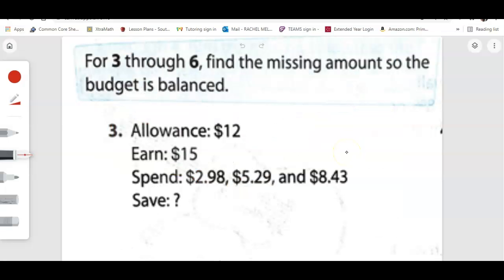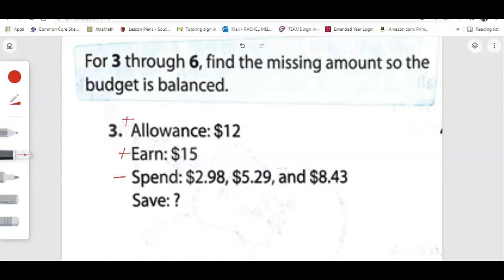All right, this is the last one that we're going to do in this video, where we'll do some of these in a practice problem. Okay, so it again says find the missing amount so the budget is balanced. So I know that allowance is an income, so that comes to me. And again, earning is also an income.